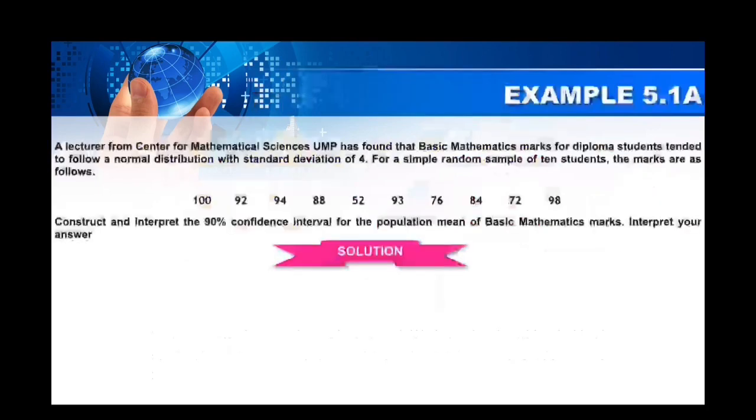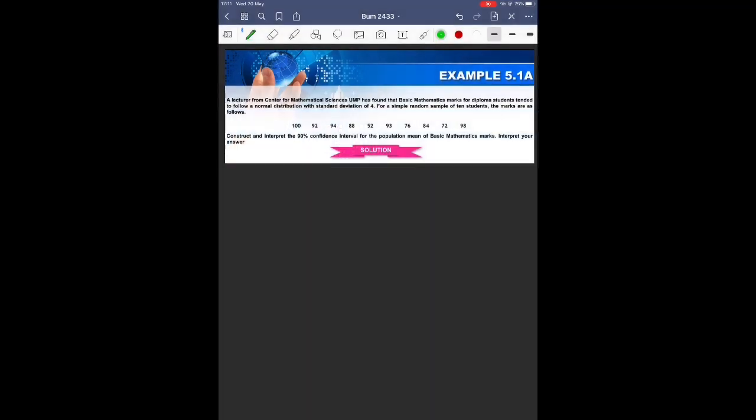Now let's look at the example, how to construct a confidence interval for one population mean. Make sure you have your statistical table with you. Example 5.1a. A lecturer from Center for Mathematical Sciences, UMP, had found that basic mathematics marks for diploma students tended to follow a normal distribution with standard deviation of 4.